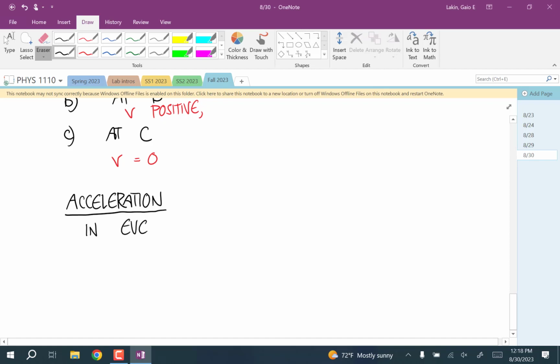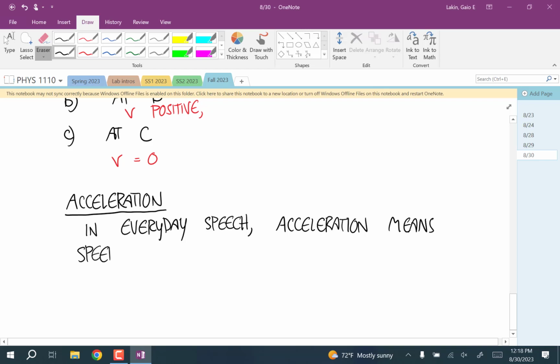Yeah, let's say that, in everyday speech. Acceleration means speeding up, and deceleration means slowing down.